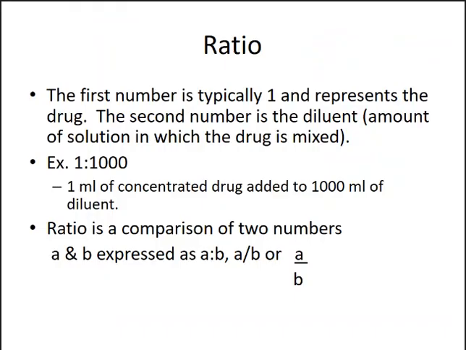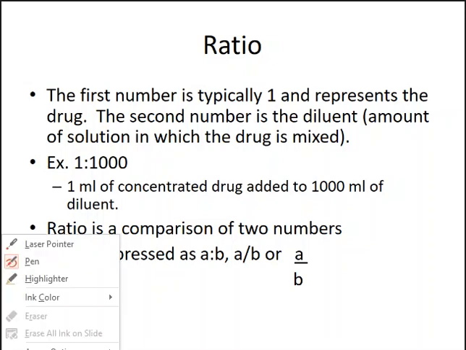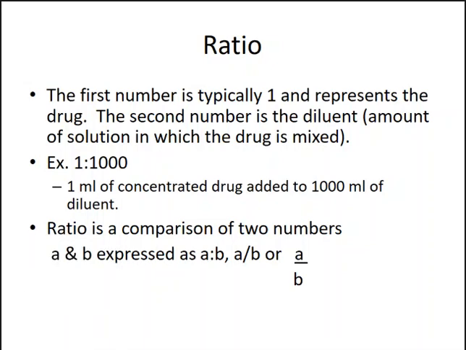All right, so final one here, ratio. With ratio, we're looking at 1 milliliter of a super concentrated drug, and that is diluted by 1,000 milliliters. So the first number is the drug, the second number is the diluent.